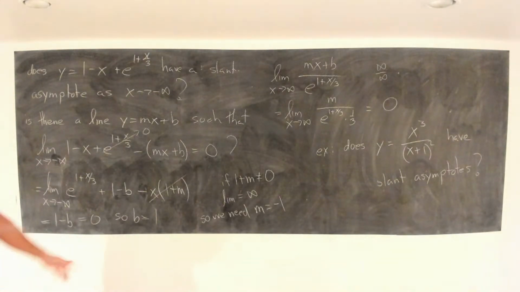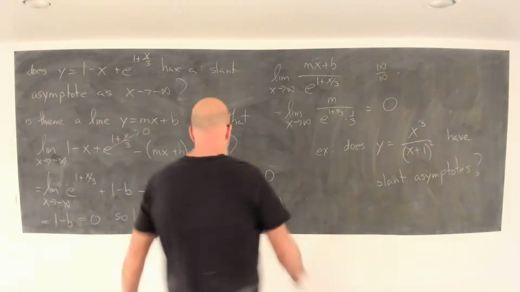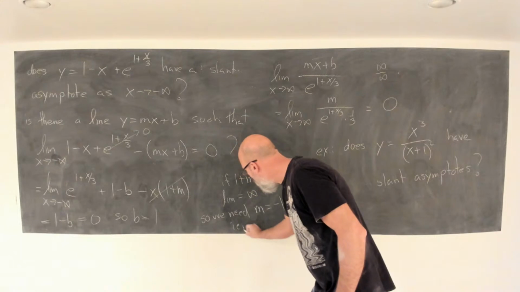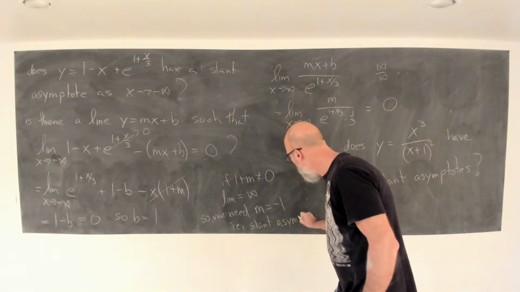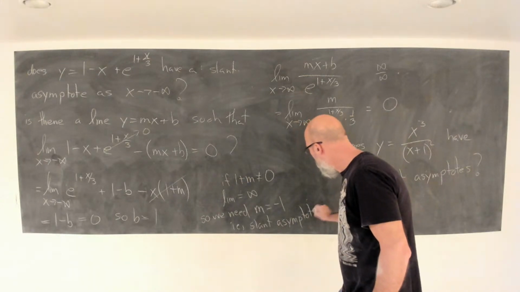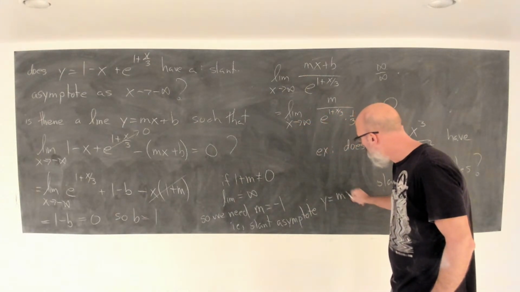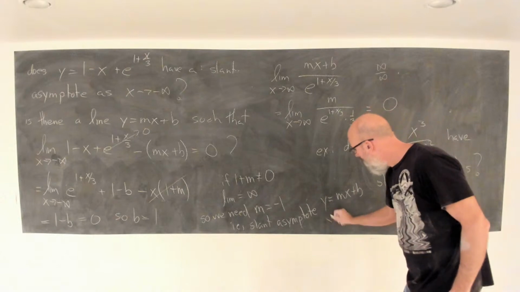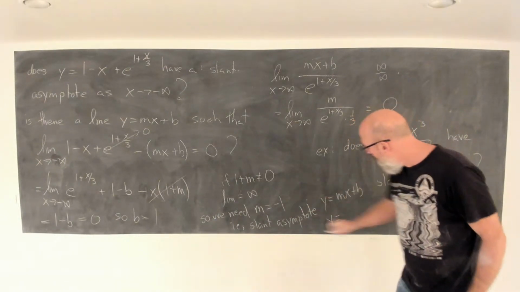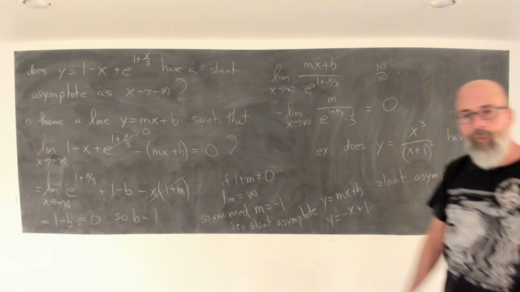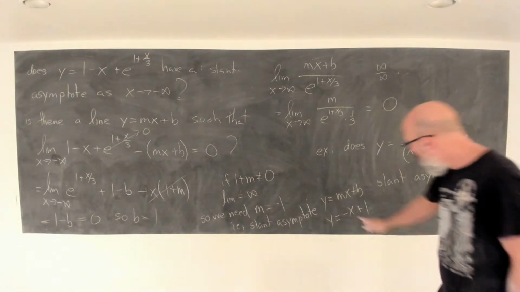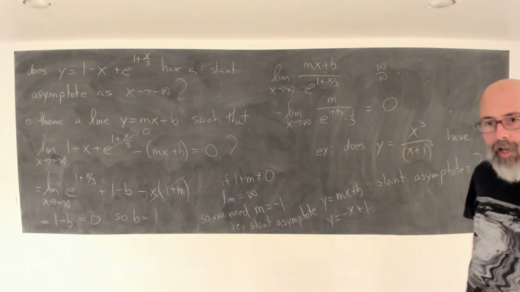And there you go. You have your slant asymptote, which was mx plus b. We just worked out that m has to be negative 1 and b has to be 1. Negative x plus 1 is your slant asymptote.